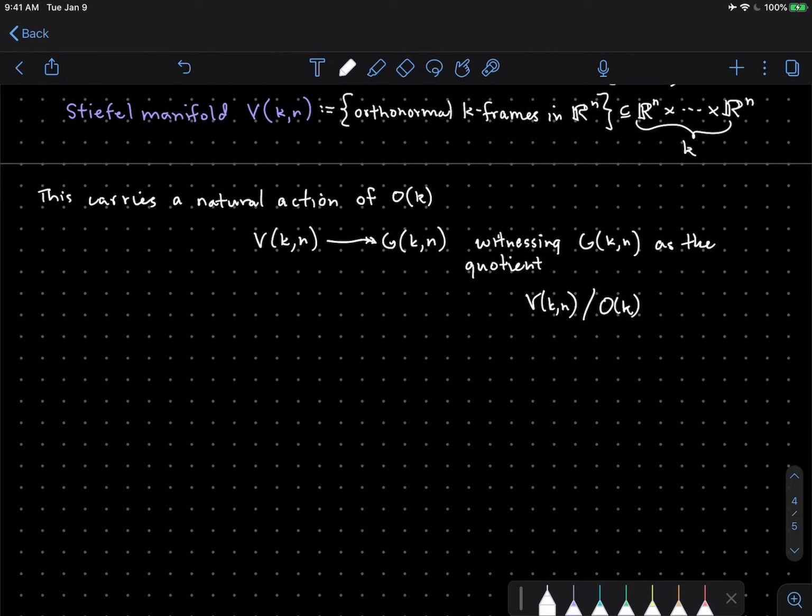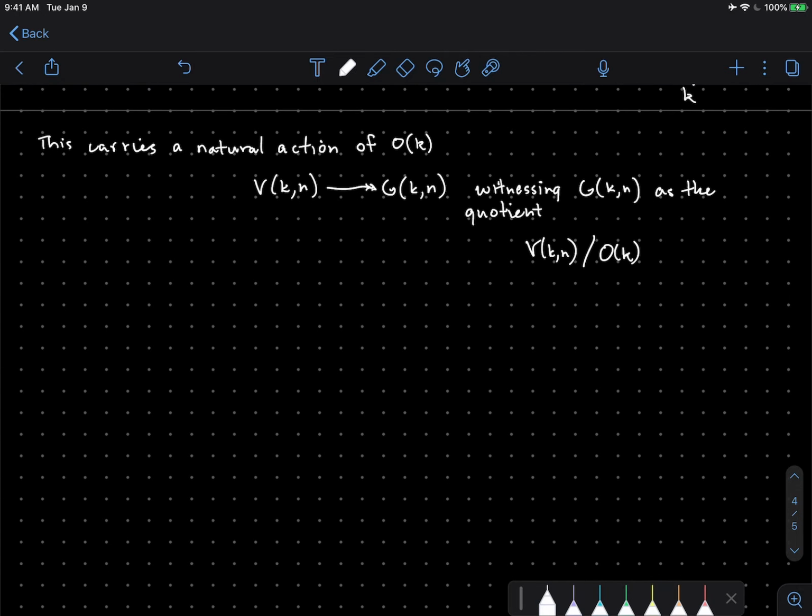And because the orthogonal group acts continuously, and in fact it's a topological group action, we get a topological space back.